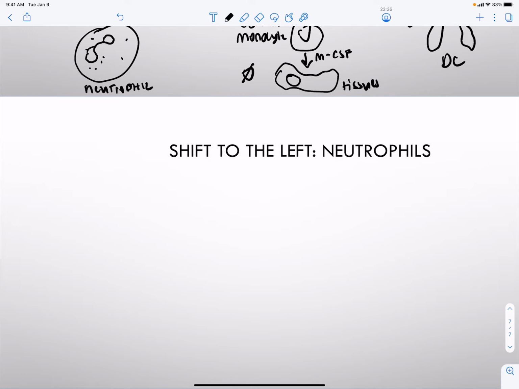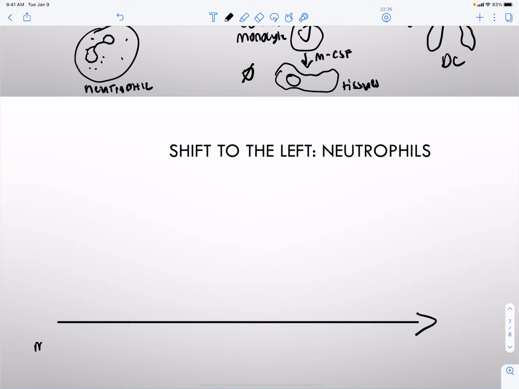And so it's called a shift to the left because you always start left, you go left to right, and over here is the most immature, and over here is the most mature.